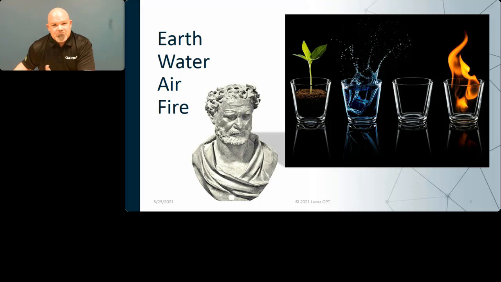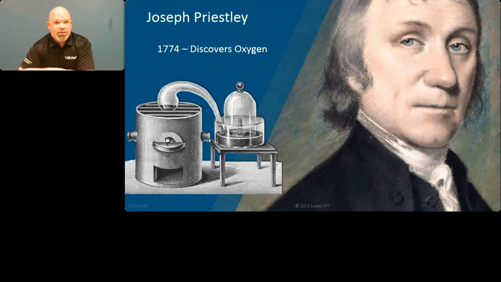Then some other people came along and decided there's a little bit more to this stuff. The guy is Joseph Priestley. In 1774, he discovers oxygen. Up until this time, we just knew we breathe air. And so oxygen was discovered.